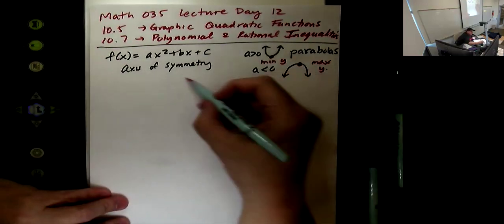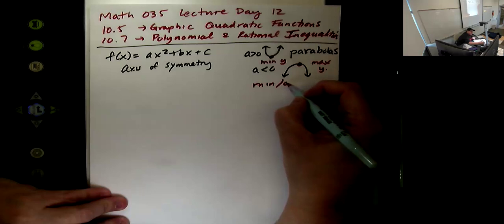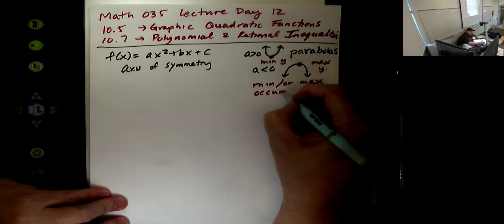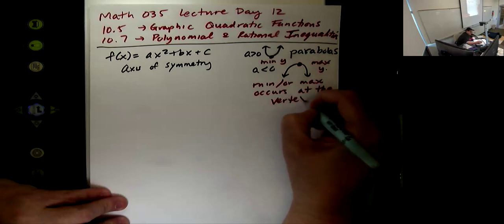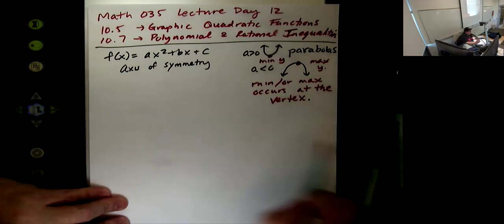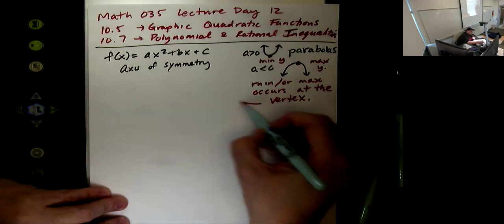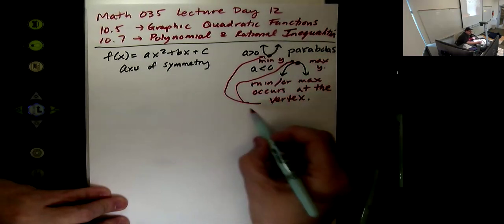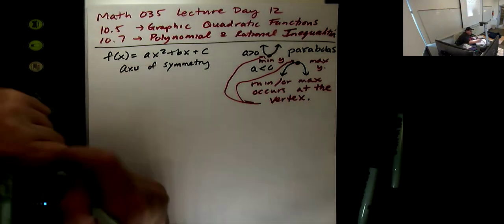And this min or max occurs at what is called the vertex. So that point at the peak or the bottom of the valley is called the vertex. So that becomes something that's really helpful to graph too. We're going to add that.